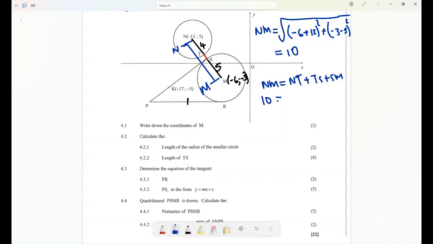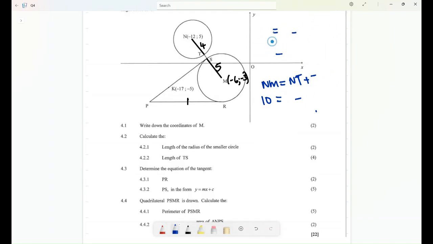NM is 10. What is NT? NT is 4 plus TS plus 5. Therefore TS will be equal to 1 unit. When I do my math there, TS will be 1 unit. I hope you understand that.